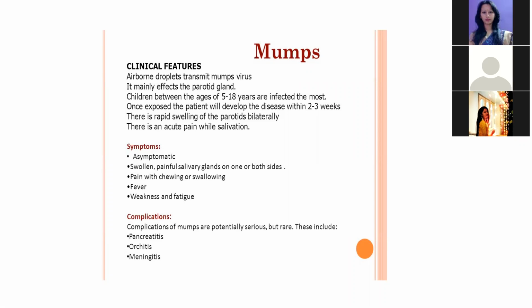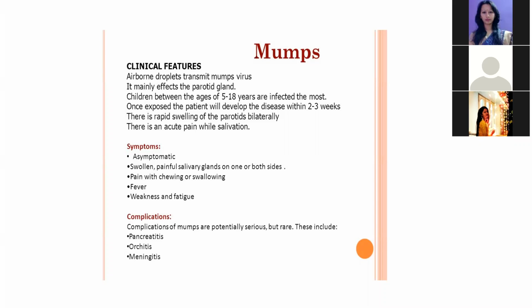We can also go for ELISA, and the CF test can also be performed. So these are the ways we can identify the presence of this virus in the human body or in the sample.